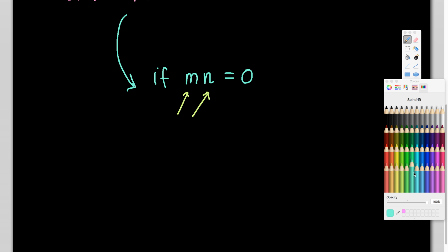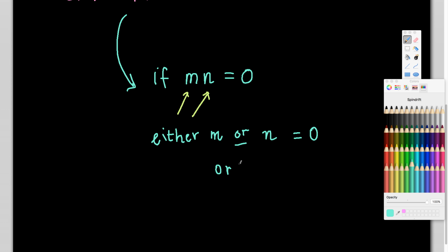Now, if that is equal to 0, what that means is either the m is equal to 0, or the n is. There's no other way for us to get this product equal to 0 if one of these numbers is not equal to 0. So one of these has to be equal to 0.